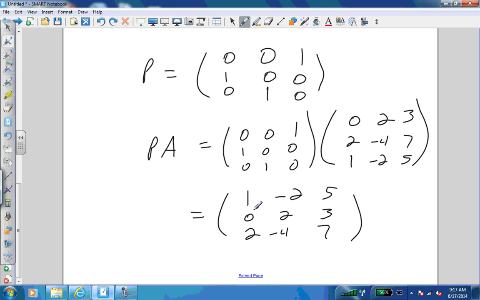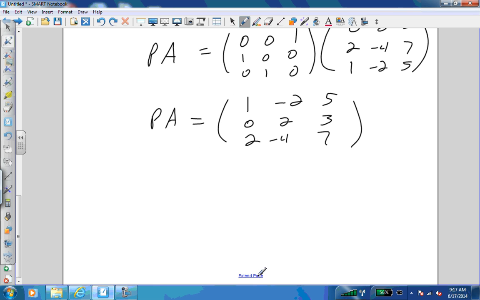Now let's put that, so that's our PA. Now let's row reduce that, so we need a 0 here, so our third row, we're going to do negative 2 times our first row plus our third row.